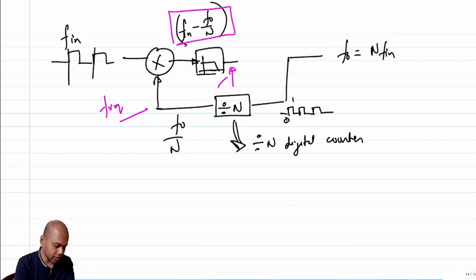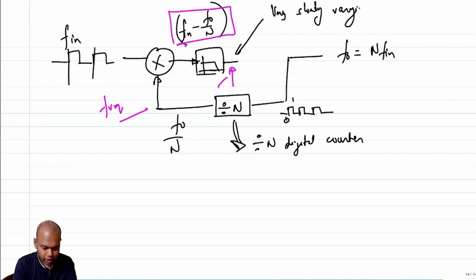So if the loop is perfectly operating, then f_naught is equal to N f_in, then this difference is 0, right? So this here is a very slowly varying voltage waveform.